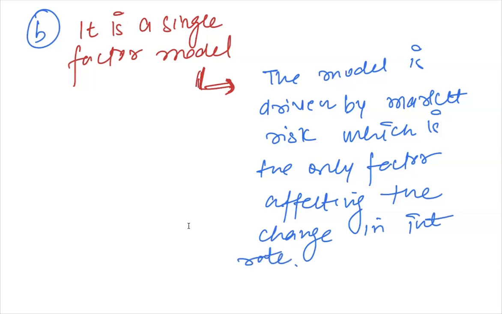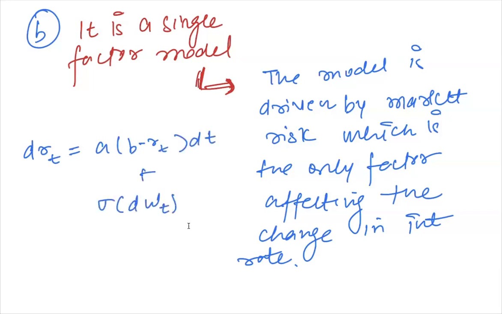Okay. If you see this equation, plus sigma dWt, see what is changing. A is constant, B is constant, dt is constant, sigma is constant. dWt is the only thing changing, right? And this accounts for your market risk or the randomness.